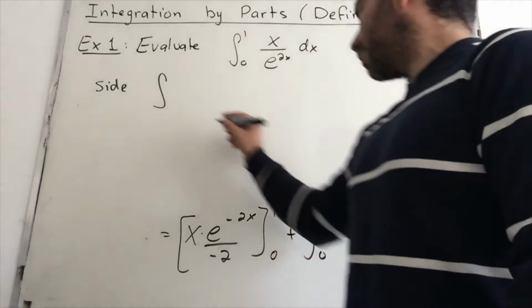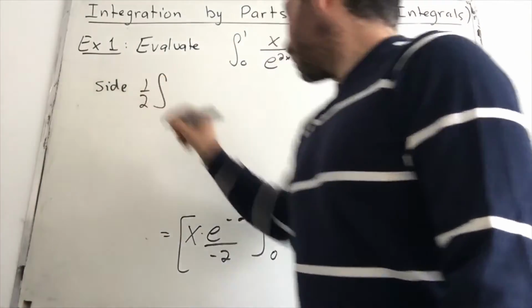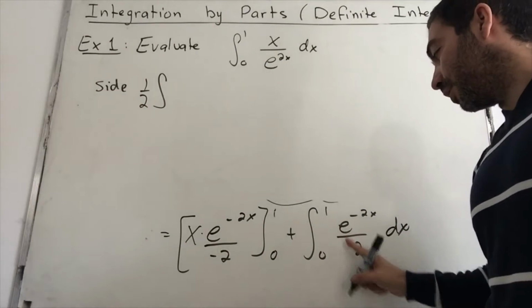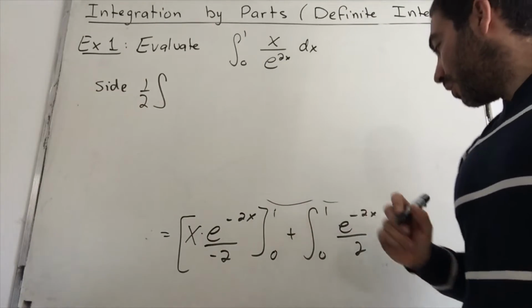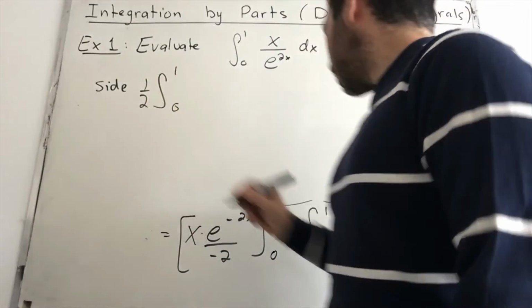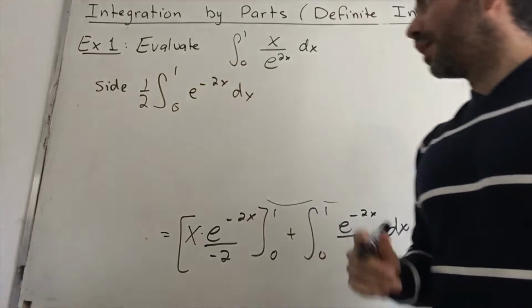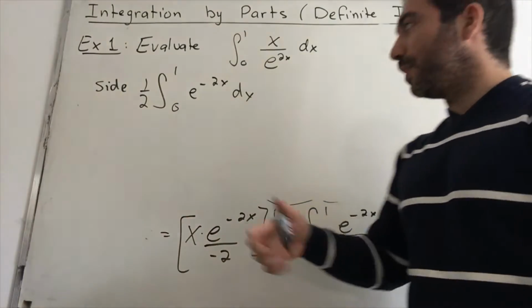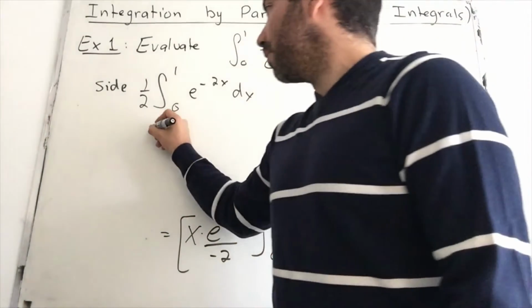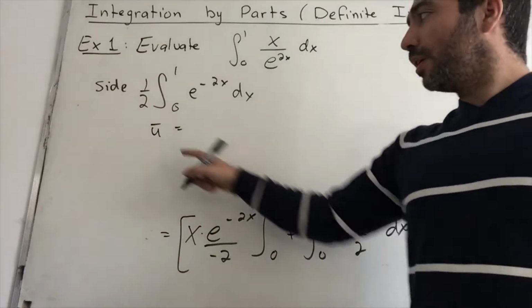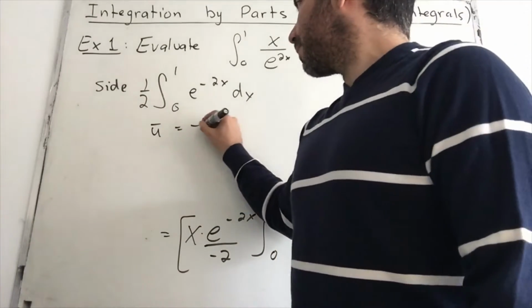So the integral of a half, I'm pulling the constant out, and we have the integral from 0 to 1 of e to the negative 2x dx. And again, we're going to apply a u substitution. We used u tilde, let's use u bar now, just not to get confused with the notation. u bar is equal to negative 2x.